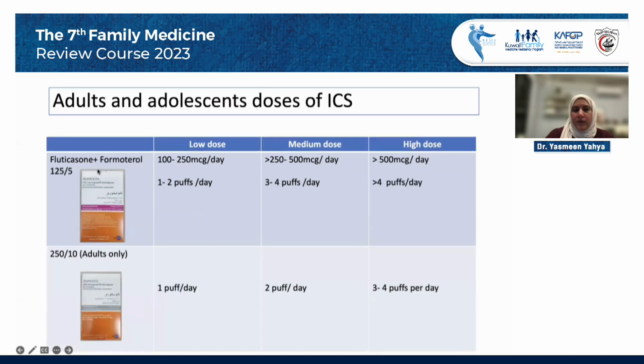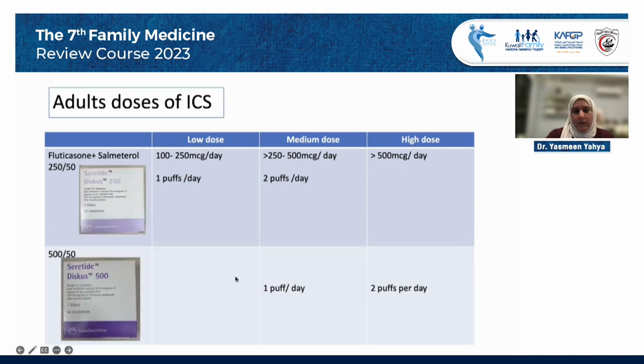And for the fluticasone, we also have two concentrations. And for the 250, if you give it twice per day, this is already a medium dose ICS. Similarly, the Seretide, which comes only in 250, giving 2 puffs per day is considered a medium dose.